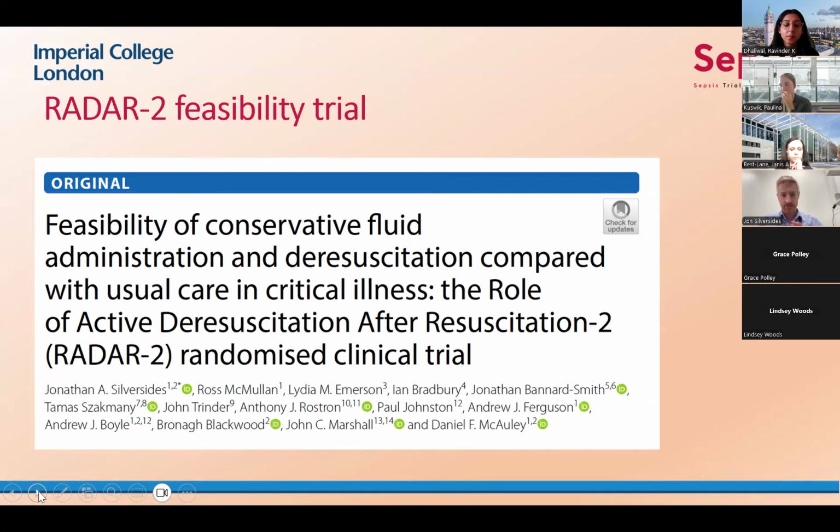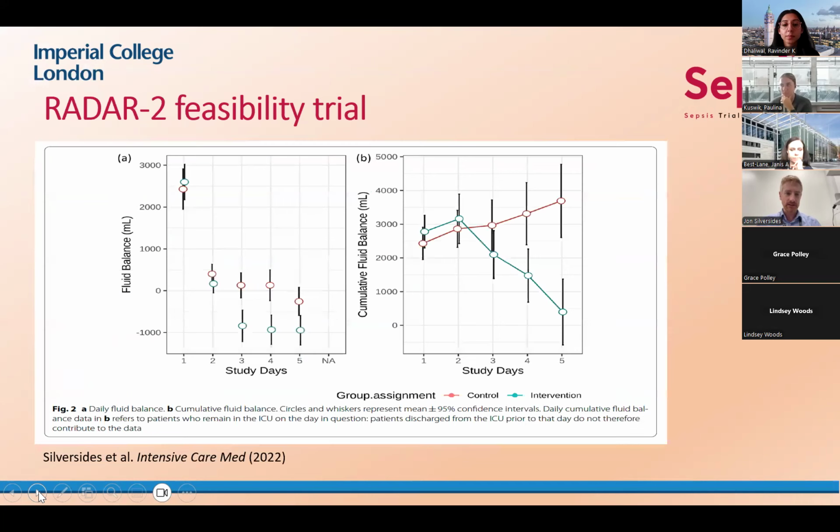And here we were trying to establish the feasibility of whether we could deliver an intervention to reduce fluid accumulation and offload or de-resuscitate excess fluid.